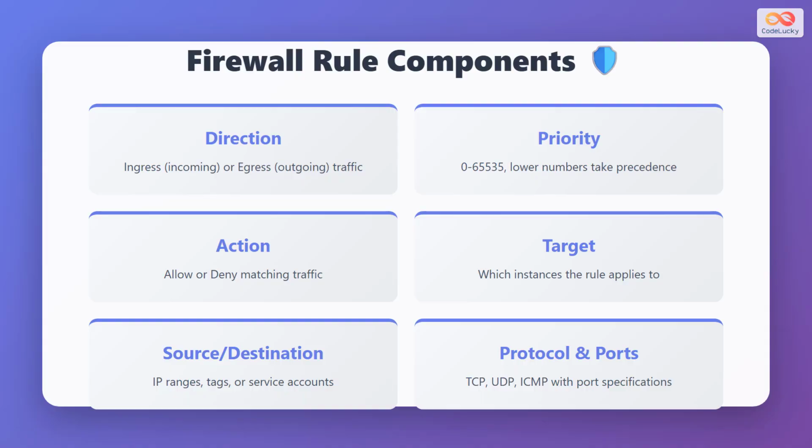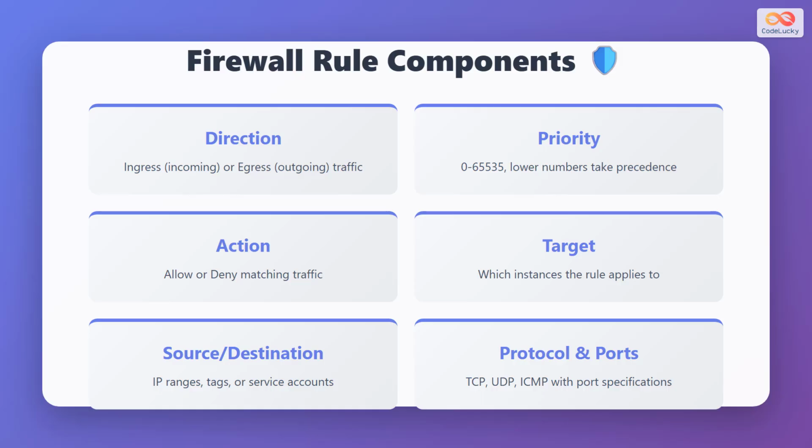Every firewall rule consists of 6 key components that work together to control network traffic. First is direction, which specifies whether the rule applies to ingress or egress traffic. Second is priority, a number from 0 to 65,535, where lower numbers take precedence over higher ones. Third is action, which determines whether to allow or deny traffic that matches the rule.